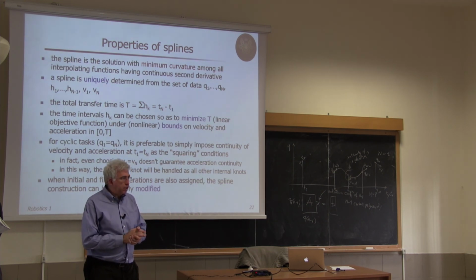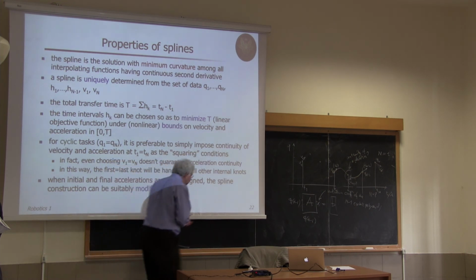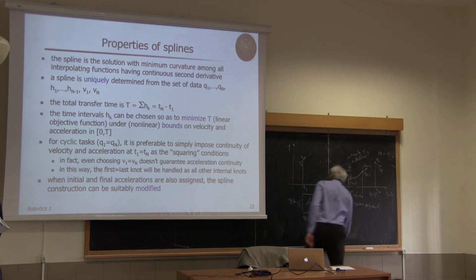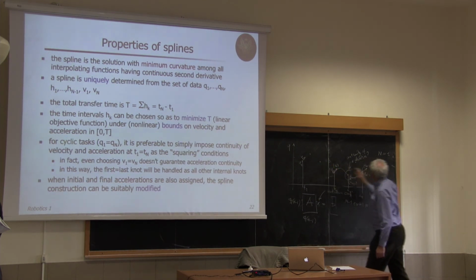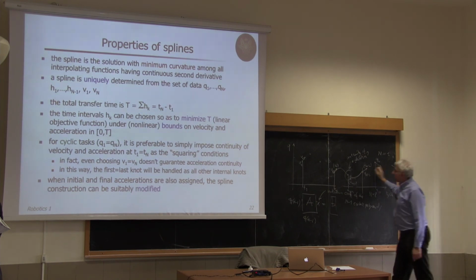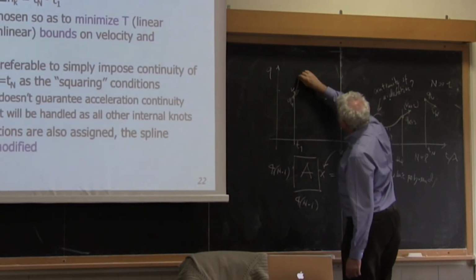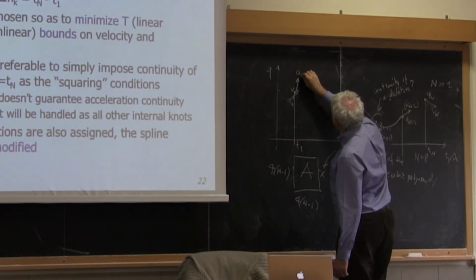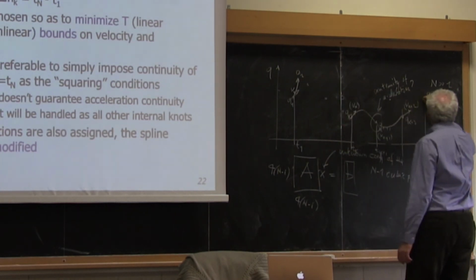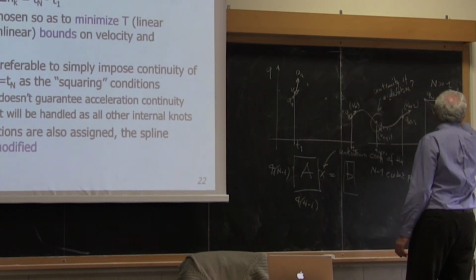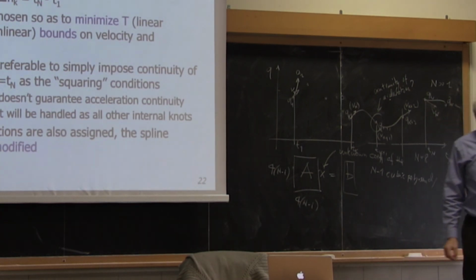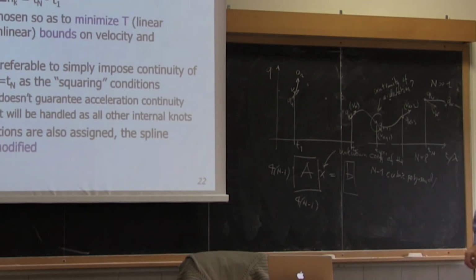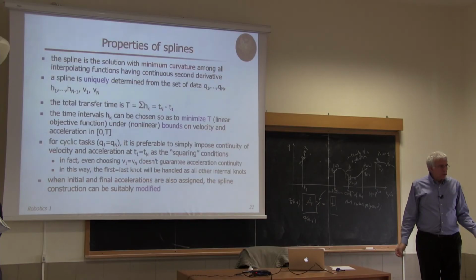Do you have any suggestion or idea? So my point is now, suppose that we are exactly in this situation with V1 and Vn assigned, but suppose that here we have also an acceleration a1 and an acceleration an. So two more conditions. We have already used up all the coefficients, so what can we do?